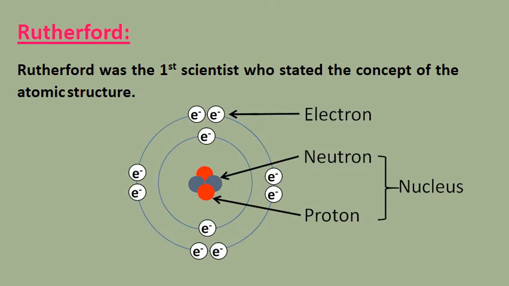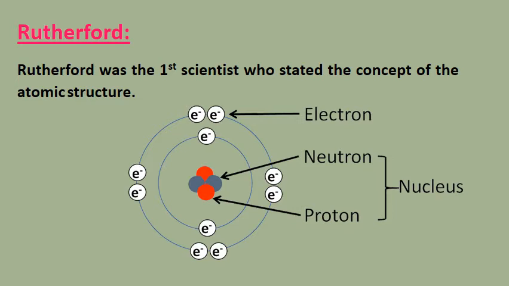After that, Rutherford concluded that the atom has a complicated structure, and it looks like the structure of the solar system. Okay. He concluded that the atom contains a part located in the center of the atom, and this part has a high density and a positive charge, and most of the mass of the atom is concentrated in this part.